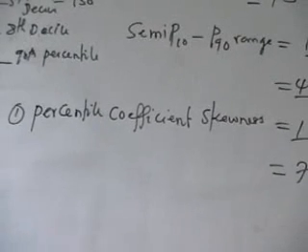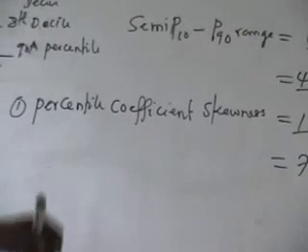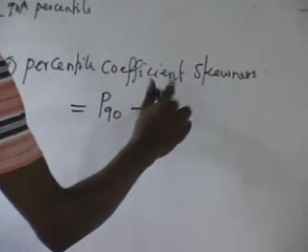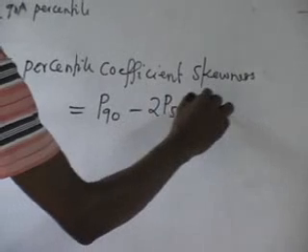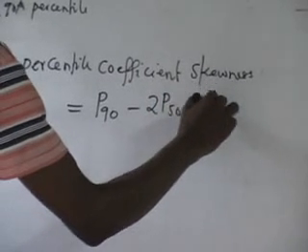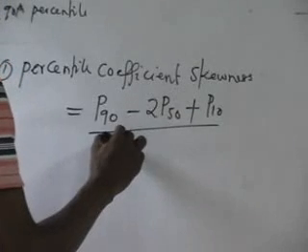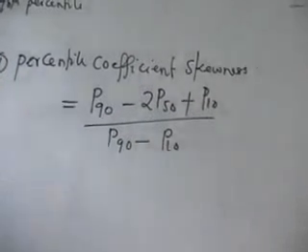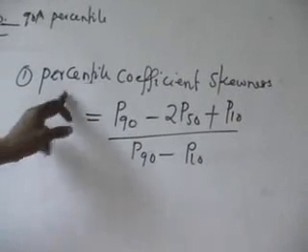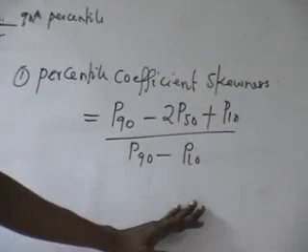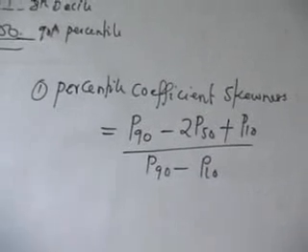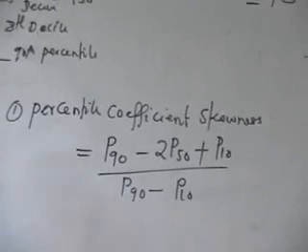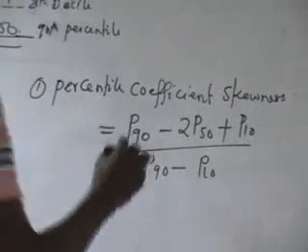The formula is the 90th percentile minus 2 times the 50th percentile plus the 10th percentile, all over the 90th percentile minus the 10th percentile. So under percentile, all the answers you have got, just maneuver your way, add them together and do the right thing.